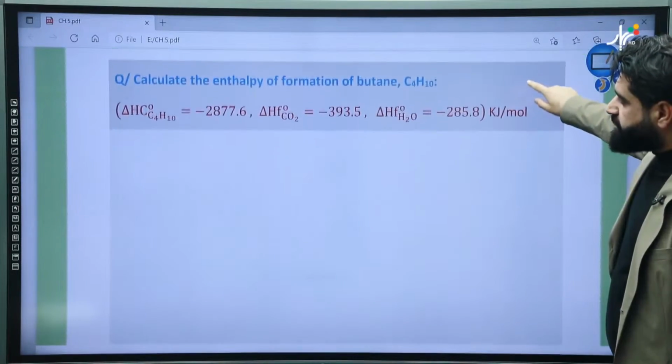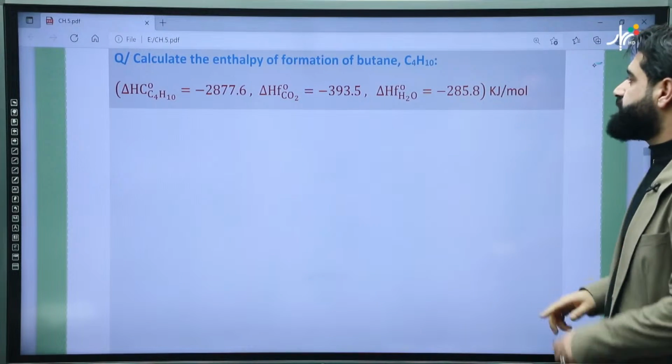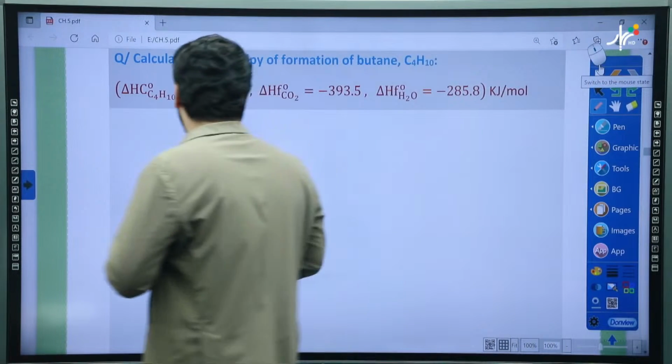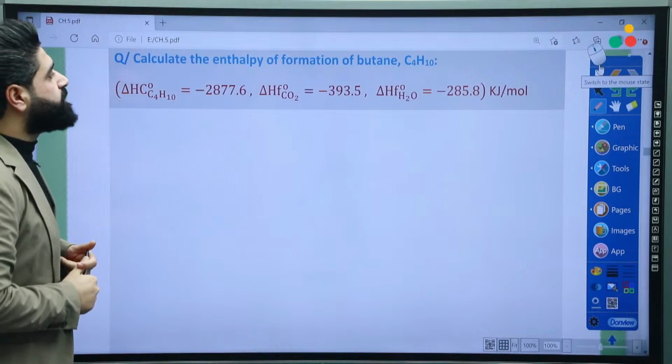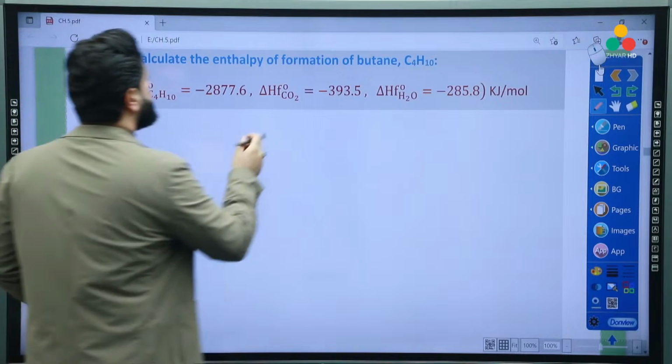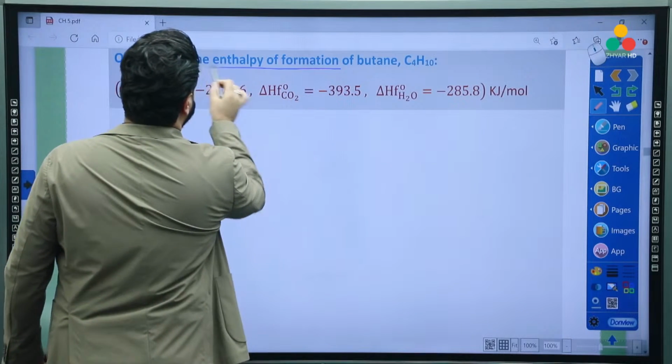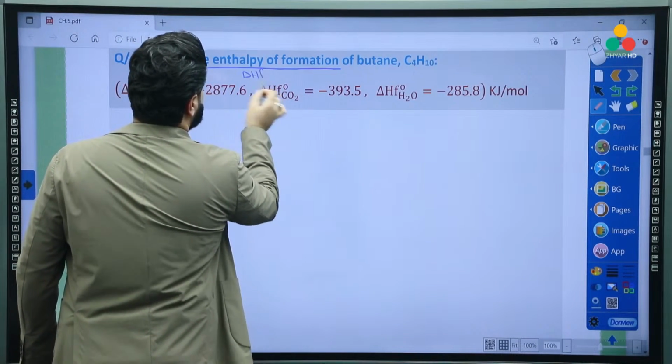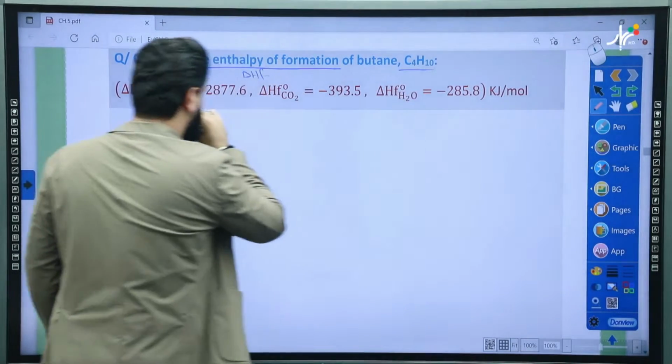The last question, I'm talking about mathematical ones, it's the last question. Calculate the enthalpy for the formation of butane. Look, enthalpy of formation, delta HF. For what? For butane.